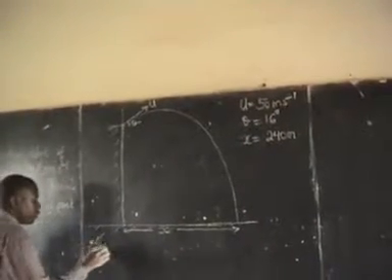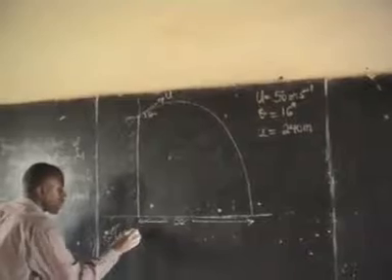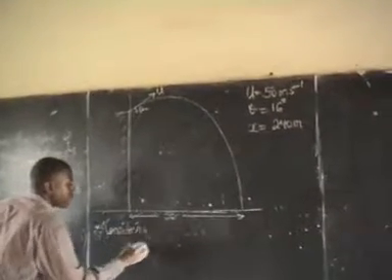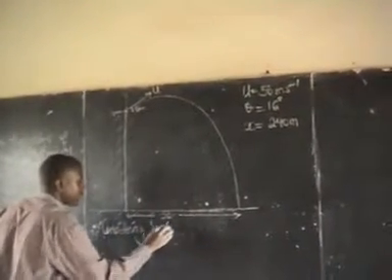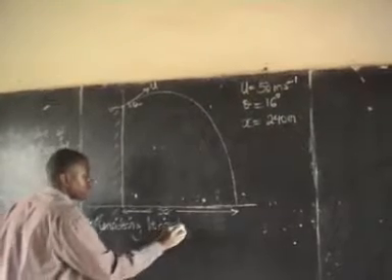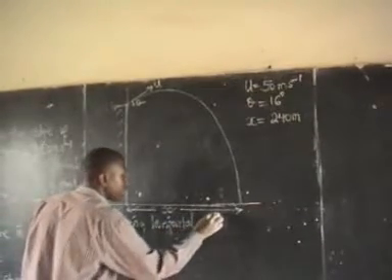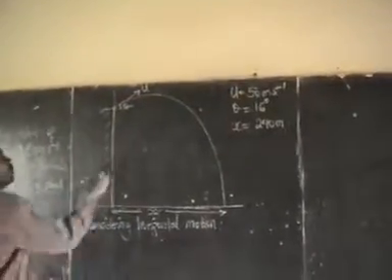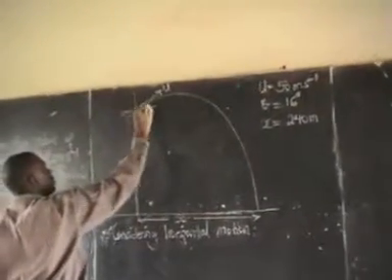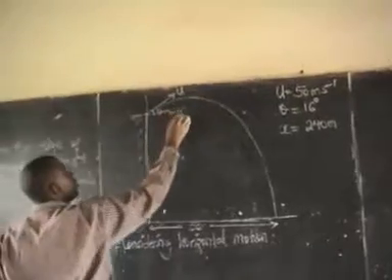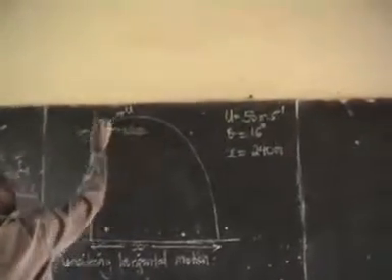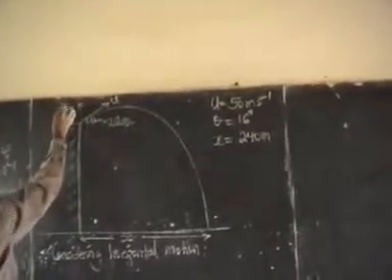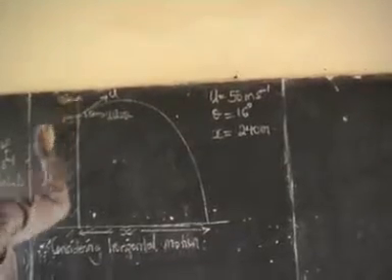Now considering horizontal motion, you split this, find the horizontal component is u cos theta, the vertical is u sin theta.